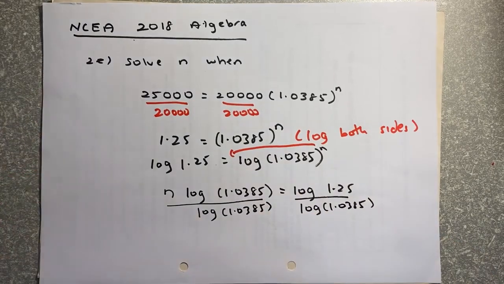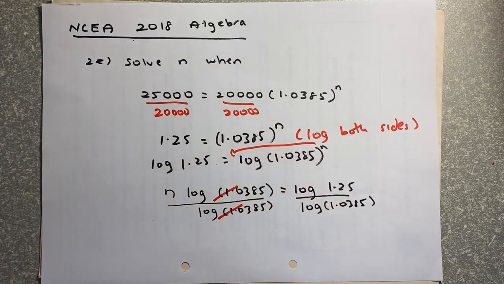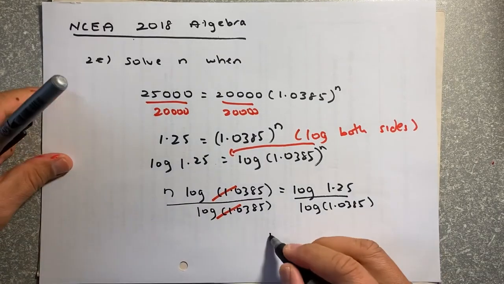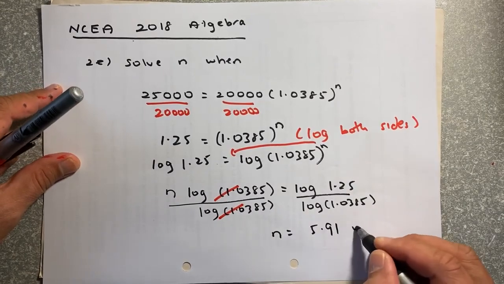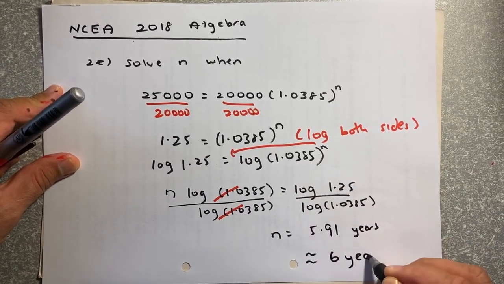What happened here is that this number will cancel out. So you are looking for n. So n will be equal to that number, and put in a calculator, the answer is 5.91 years. If you want to simplify, that's approximately 6 years.